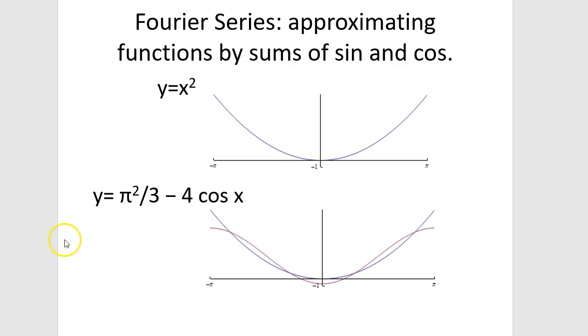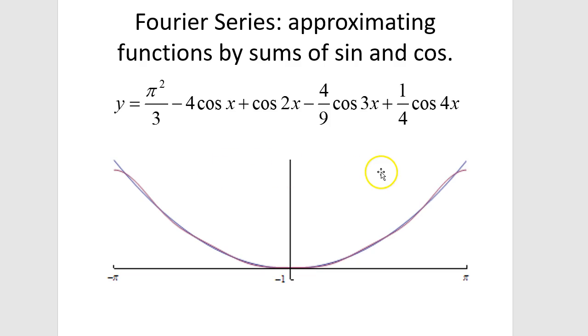So let me impress you by introducing another series of cosine functions that mimic y equals x squared pretty well. So here is the function. It's rather complicated, but it uses cosine x, cosine 2x, cosine 3x, cosine 4x in some way, and a constant function to mimic y equals x squared in an impressive way. I mean, isn't it very close? Especially down here, it's almost the same.